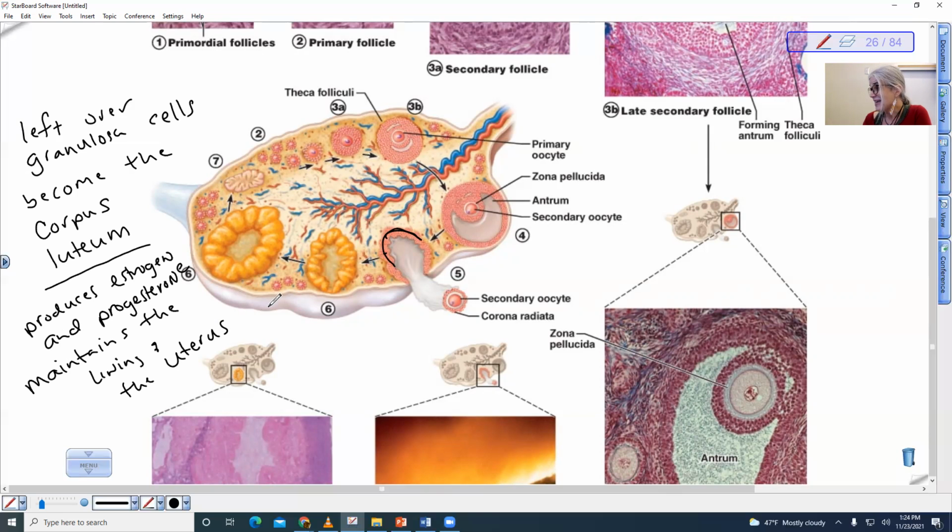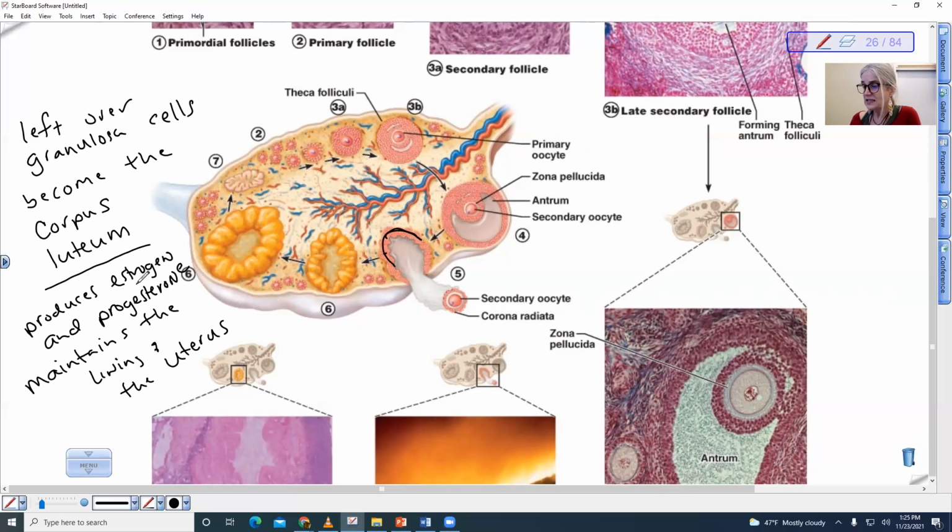Let's say pregnancy doesn't happen. Then that corpus luteum is going to degenerate and turn into something called the corpus albicans. It's the white body now, and it's like scar tissue. It just stays in the ovary.